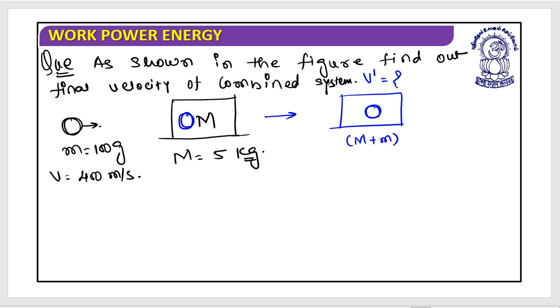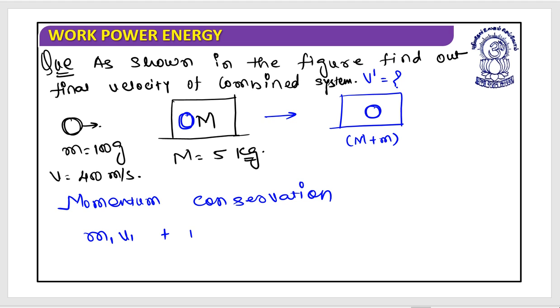We understood that according to momentum conservation, initial momentum should be equal to final momentum. Once I calculate initial momentum, that is m1 v1 plus m2 v2, that would be equal to m1 plus m2 multiplied by v dash.